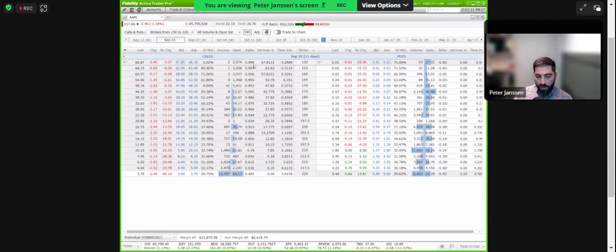The other way to think about delta, and probably the number one textbook definition, is: for every dollar that Apple stock moves up or down, how much should I theoretically expect my option's price to move up or down?